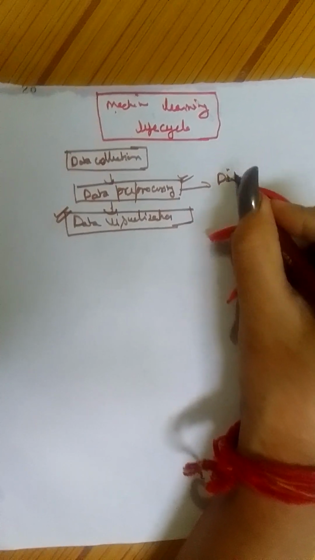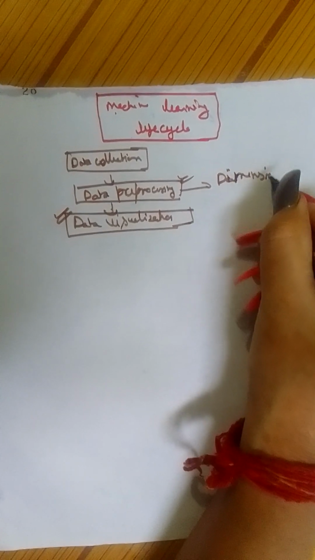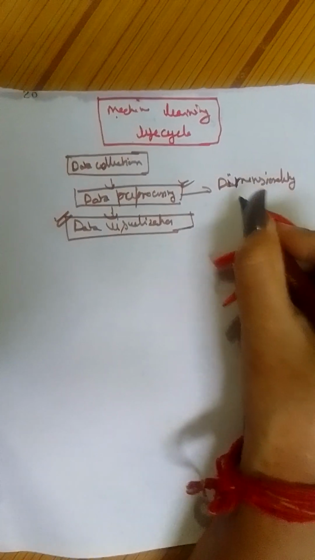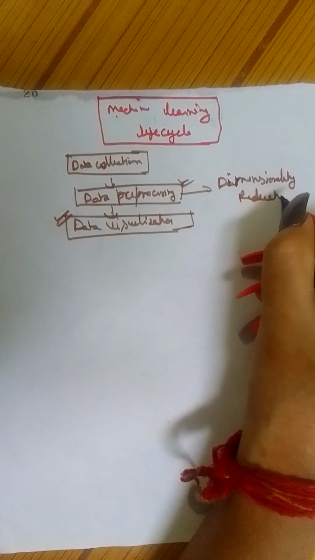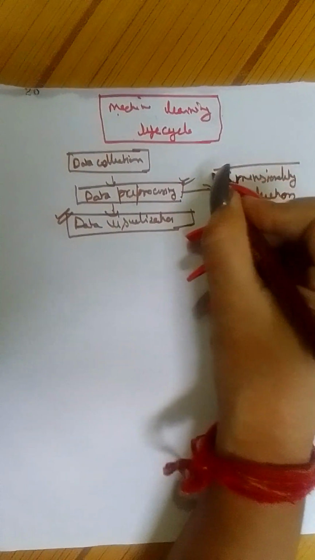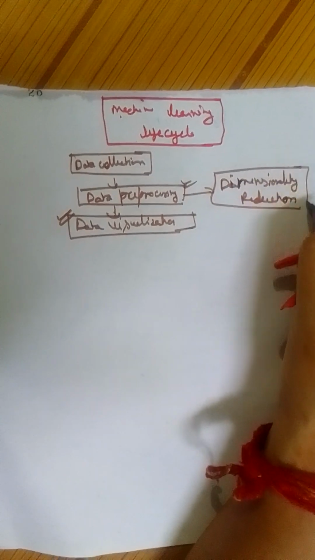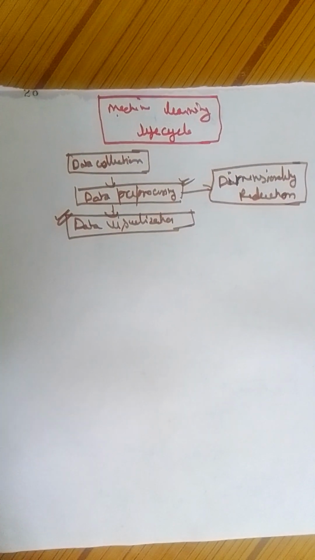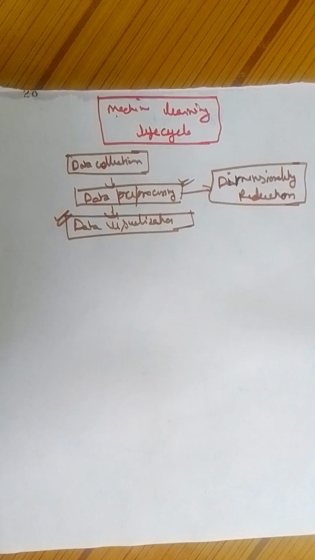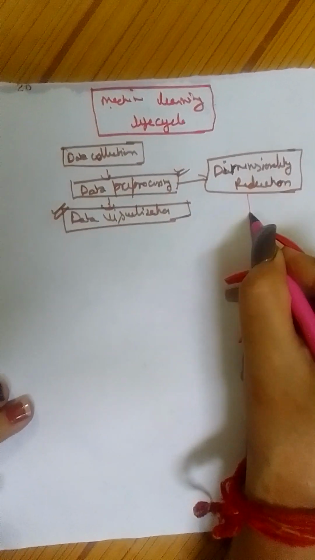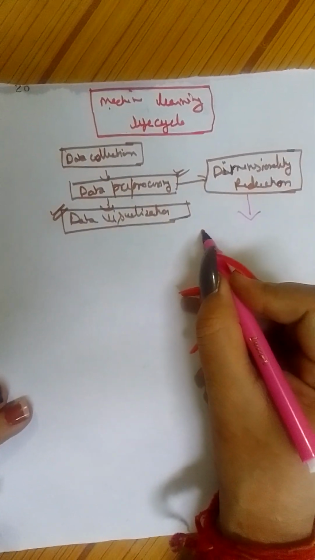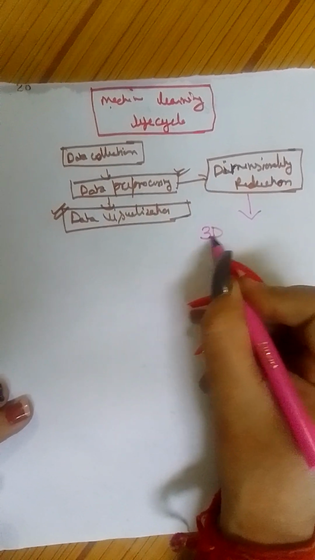Dimensionality reduction. That too comes under data pre-processing. Under dimensionality reduction, what data scientists do is they convert 3D model.